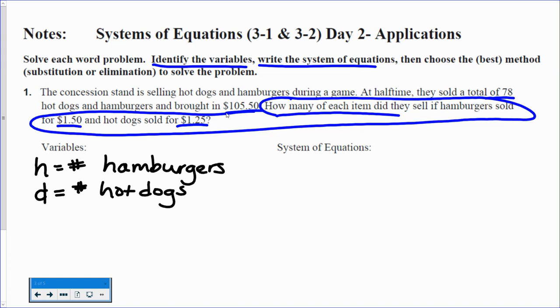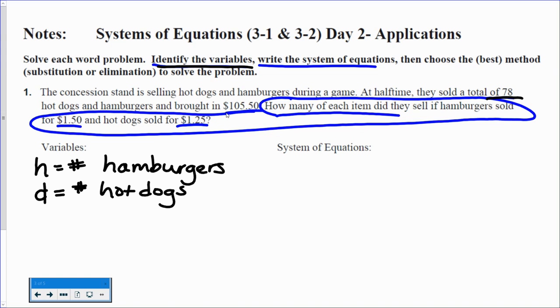All right, once we have determined our variables, now we're going to set up our system of equations. So there's going to need to be two equations if I have two variables. So I'm going to take a look and use the information I'm given in the problem. So we have, they sold a total of 78 hot dogs and hamburgers. So that's a big hint.